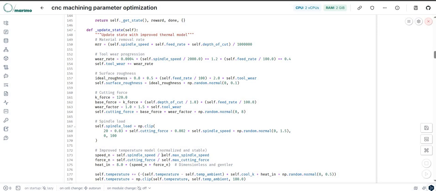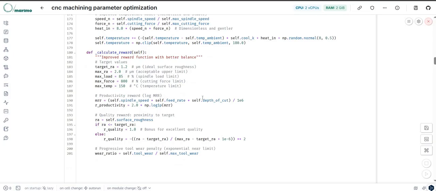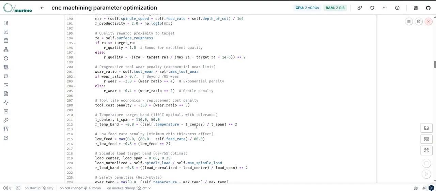Okay, and the reward function is here. Let's see what's happening. Calculate reward.